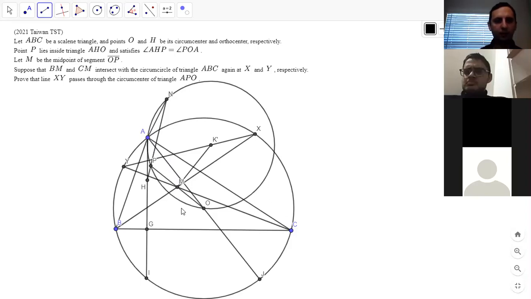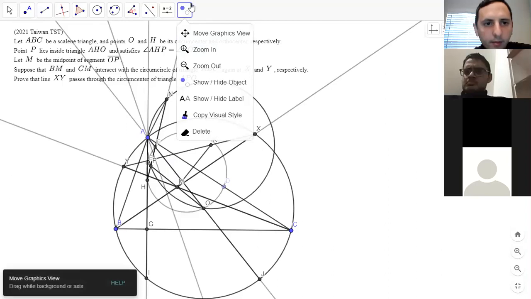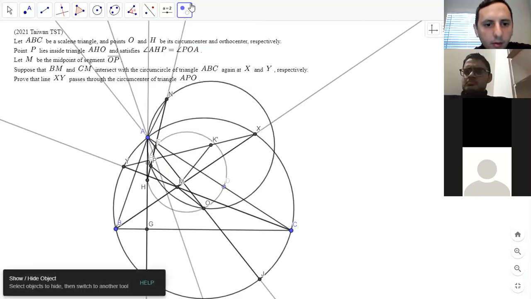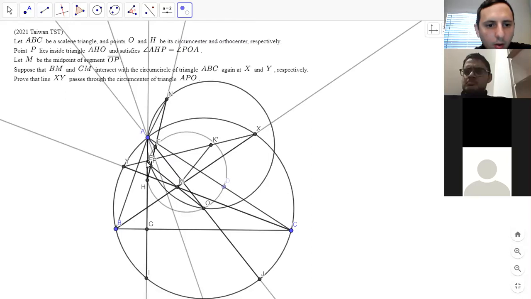Maybe it's worth drawing the symmedian. Don't know. ENF can be useful. Can we use what? ENF. Did you say ENF? Yeah. Oh, and the circle.